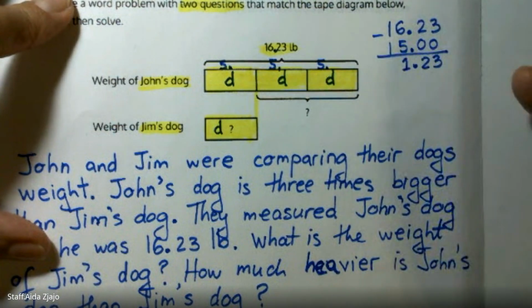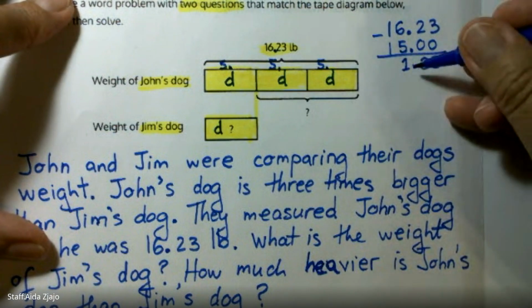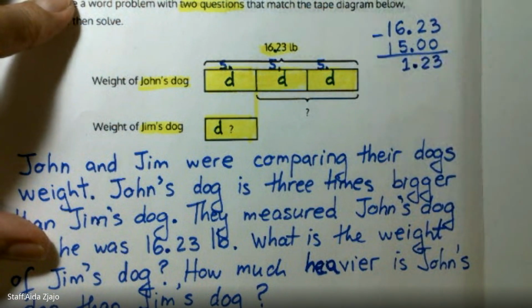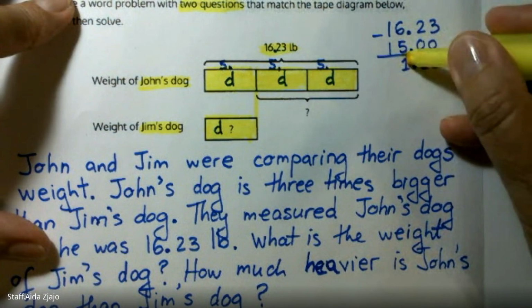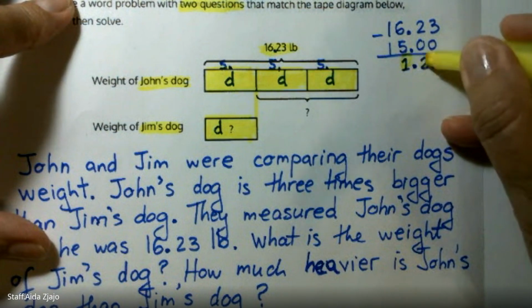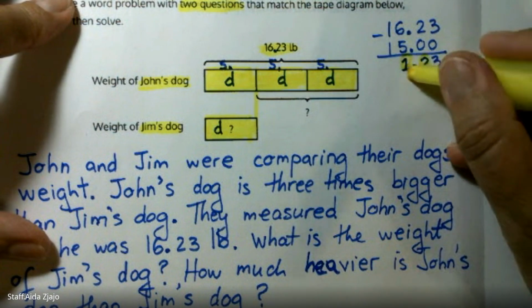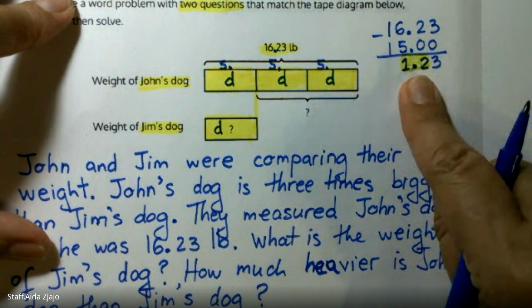When I subtract, I have left only 1 and 23 hundredths. So now you have 1 pound and 23 hundredths. You can think of the 1 whole as 10 tenths, so it becomes 12 tenths.